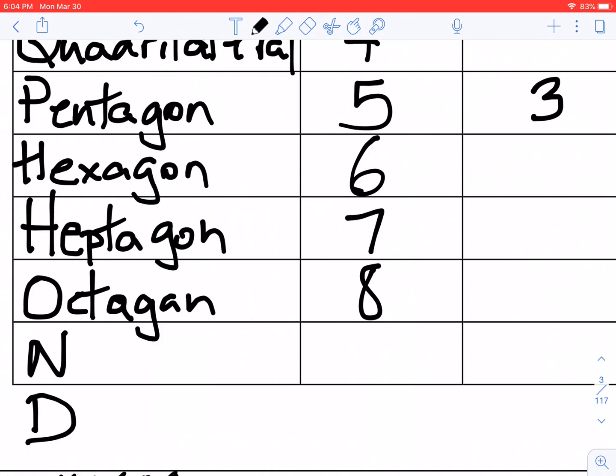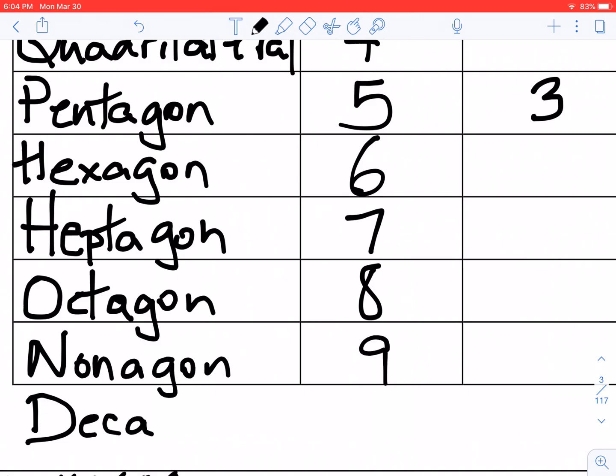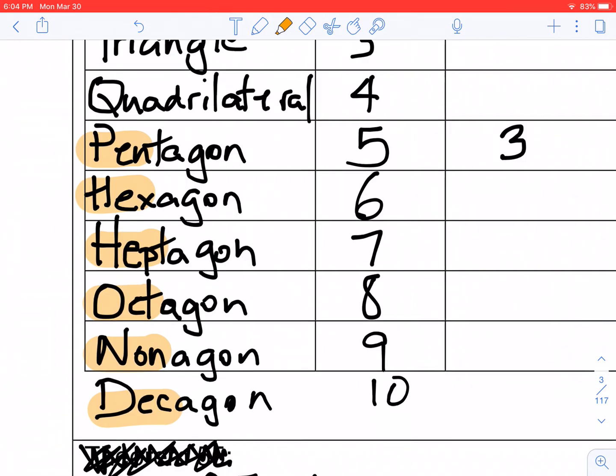Octagon. Nine is a nonagon. And a ten-sided figure, deca. All right, so know your prefixes there. They will ask you, using those words, what is the sum of interior-exterior angles.